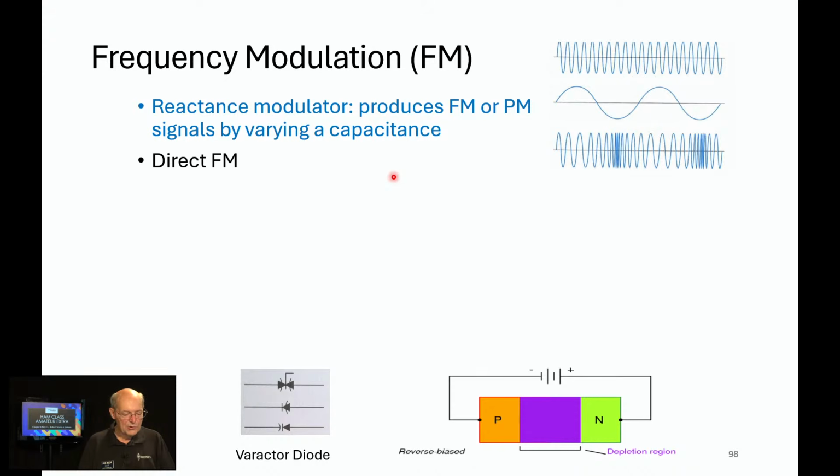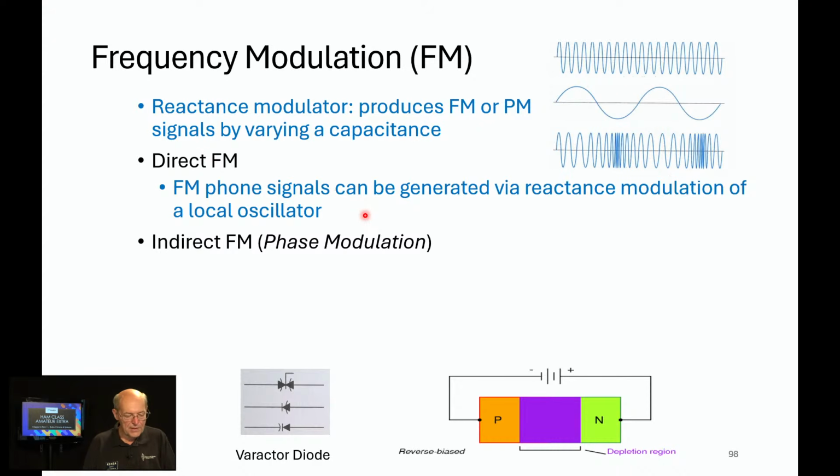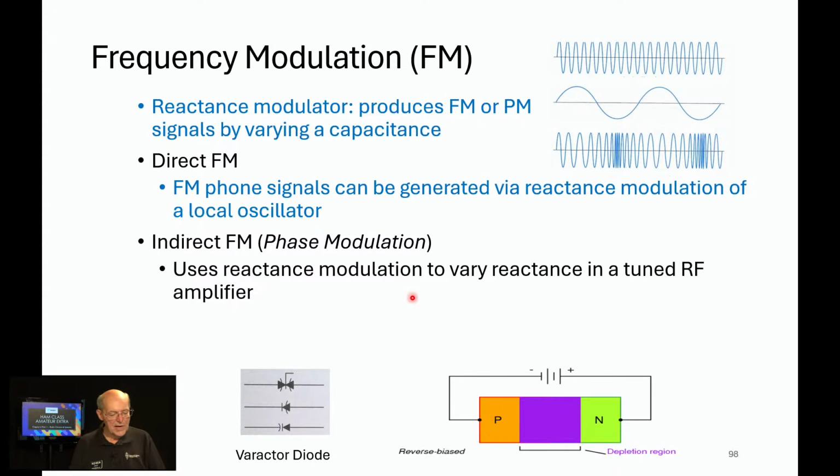We've got something called direct FM. That's where we're actually directly changing the frequency of an oscillator. FM phone signals can be generated via reactance modulation of a local oscillator. So we're actually connecting directly to that oscillator and changing its frequency. Or indirect FM, also known as phase modulation, uses a reactance modulator to vary the reactance in a tuned RF amplifier that occurs after the oscillator.